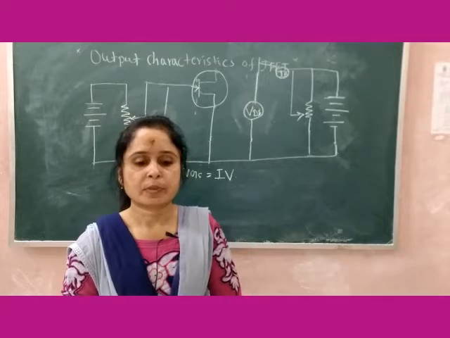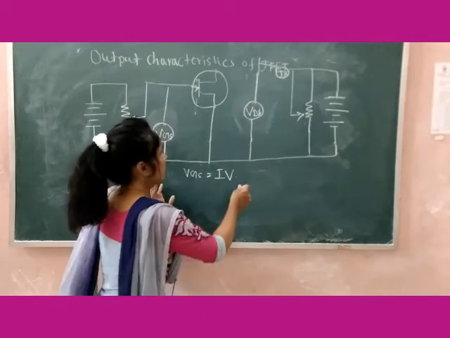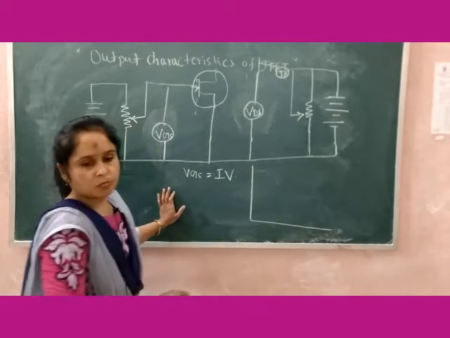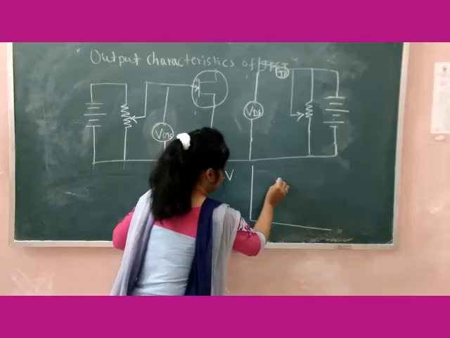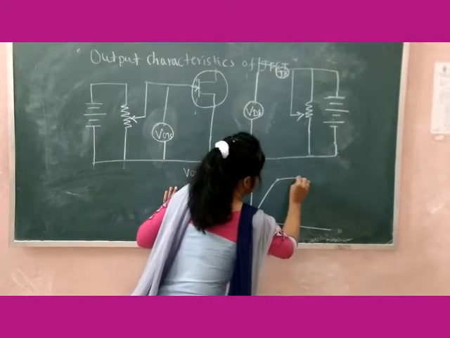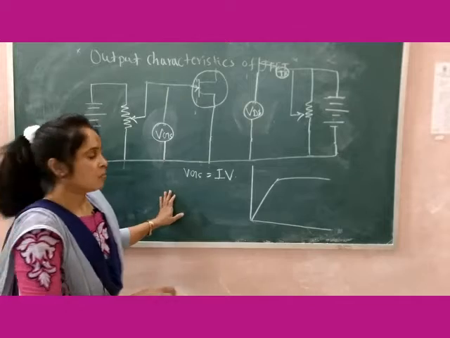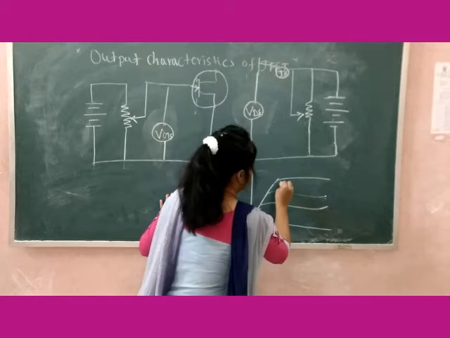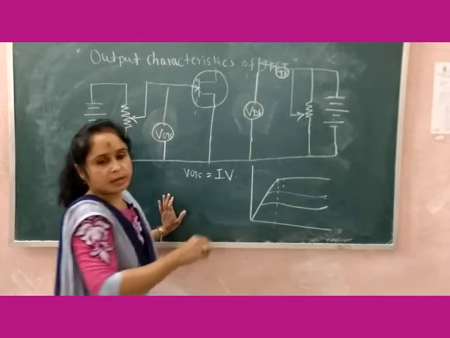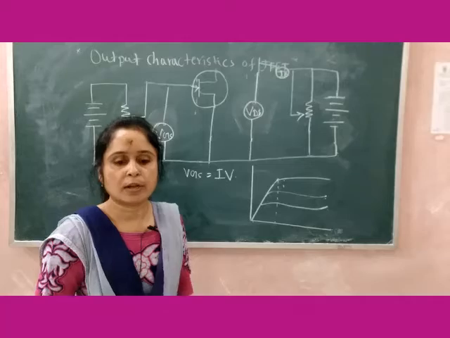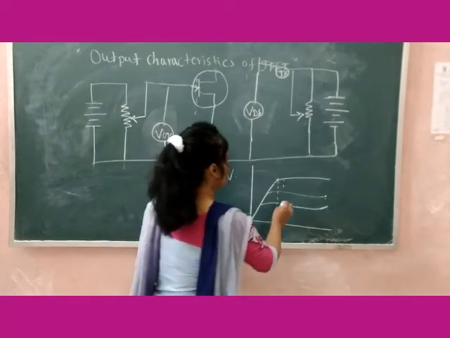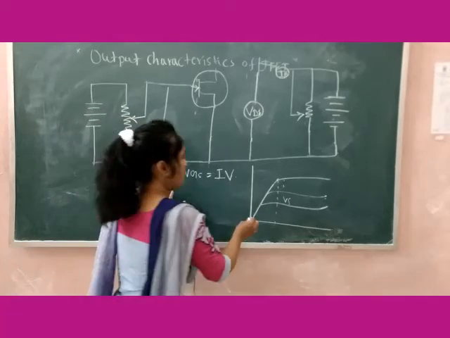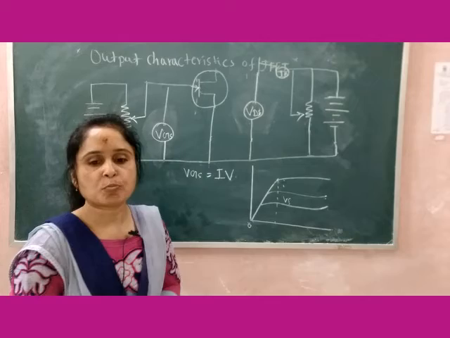Here we see the graphical representation of the output characteristics, the graphical formation of the input characteristics, and the terminals here indicate the output characteristics.